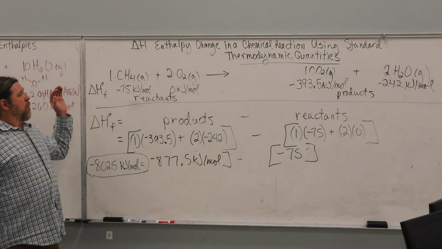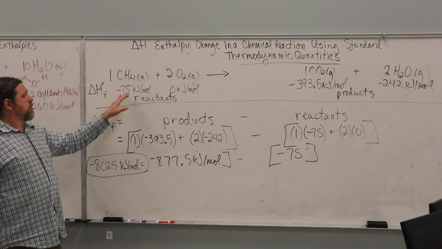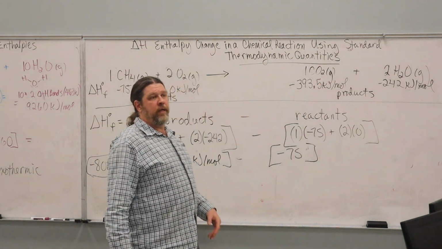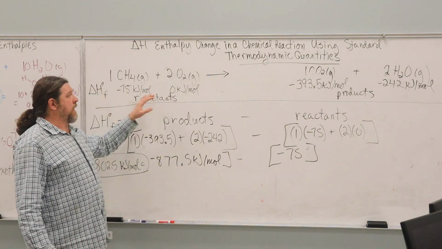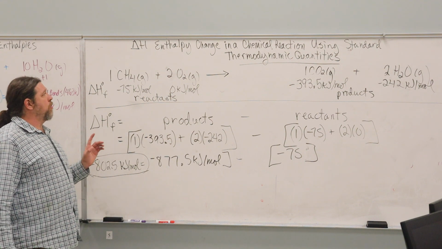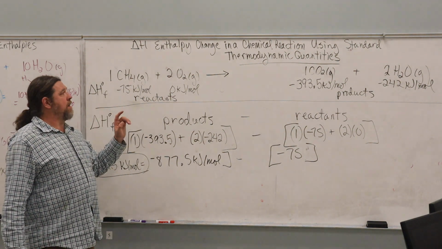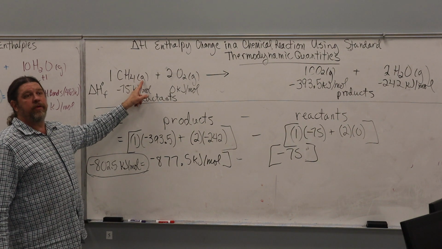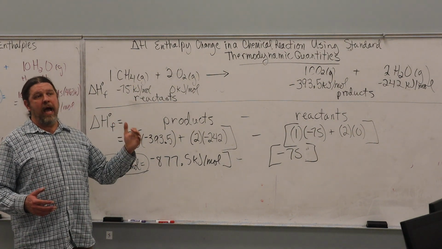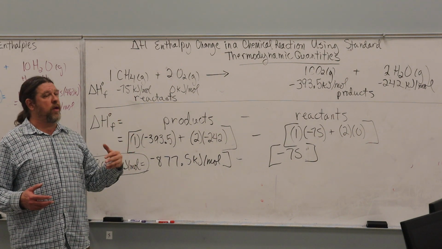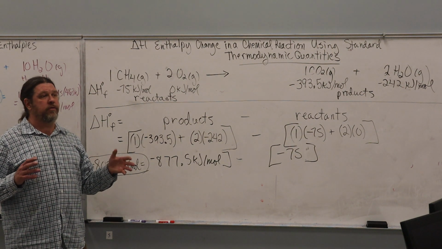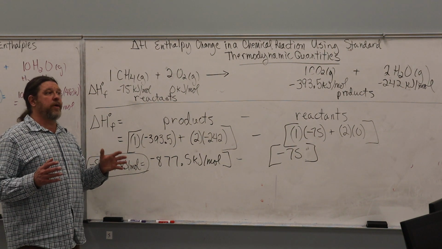And what we do is we use those values that have been listed, and we go ahead and tabulate them as we're doing here, and we make sure that we are using the right value for the substance by the state that it's in. Some tables in some textbooks will have solid, liquid, gas for as many of the substances they list as they can. Others, it's a little less, but always check.